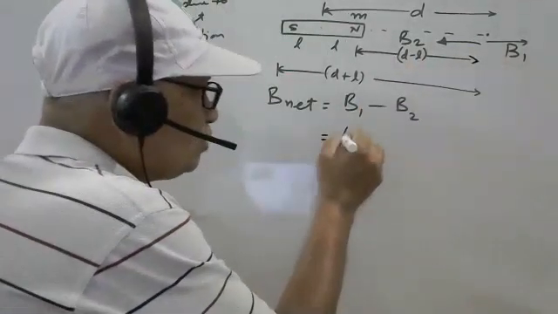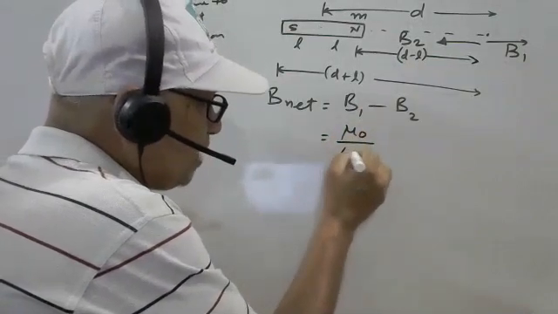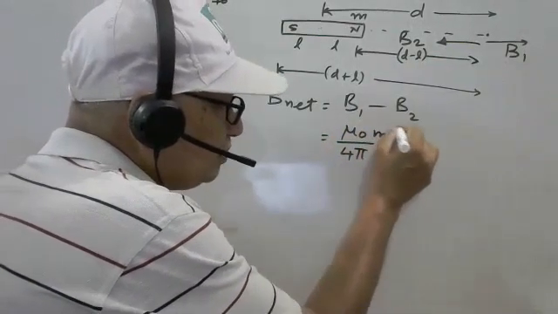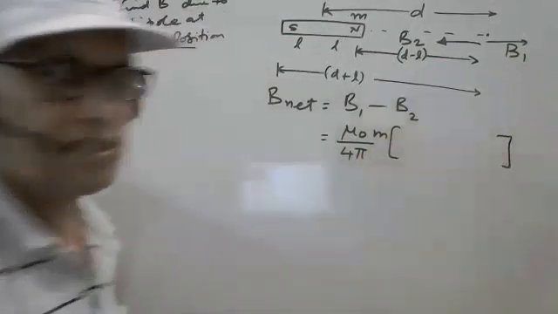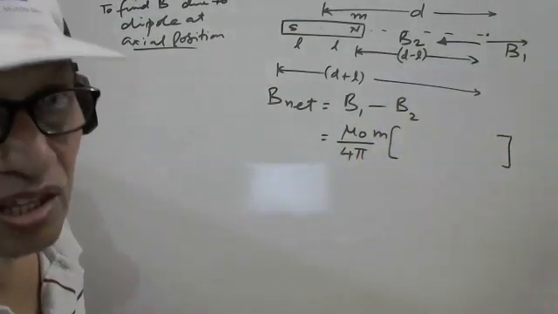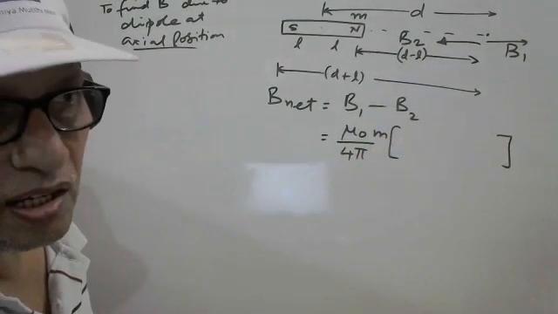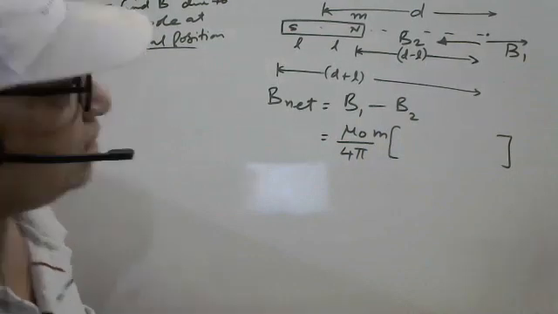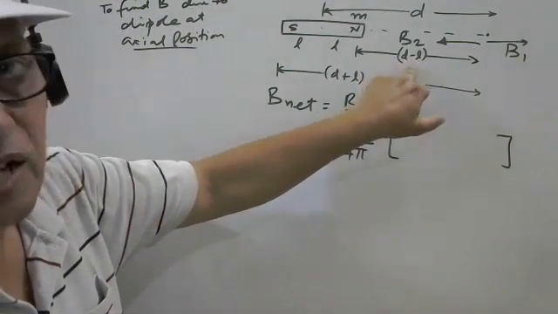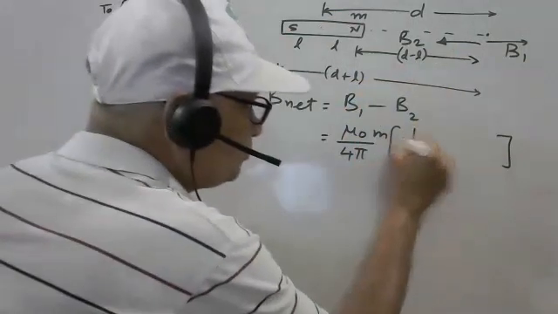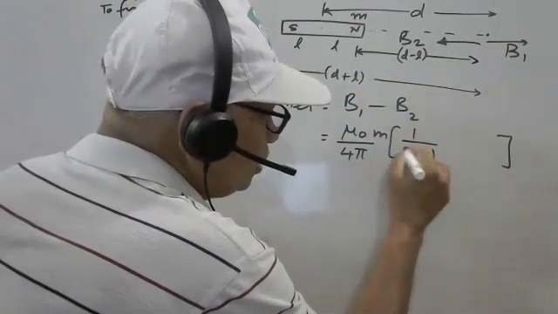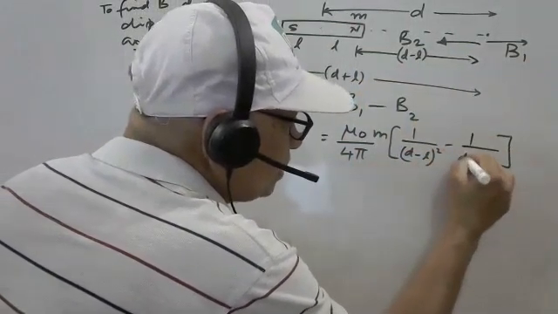It means here mu naught upon 4 pi, and m is common. And what's the remaining here? 1 upon (d minus l) whole square minus 1 upon (d plus l) whole square, like this.